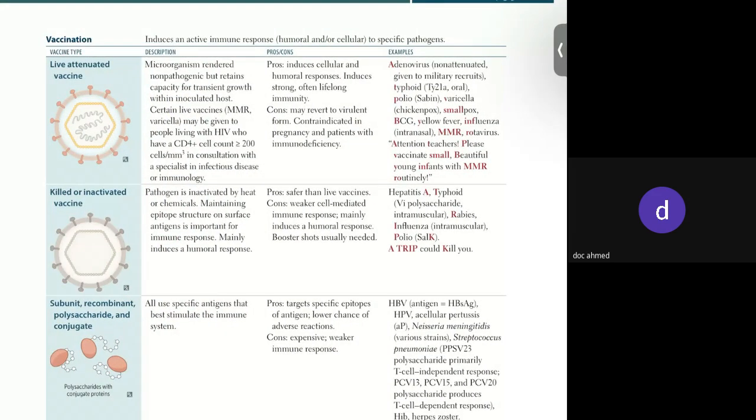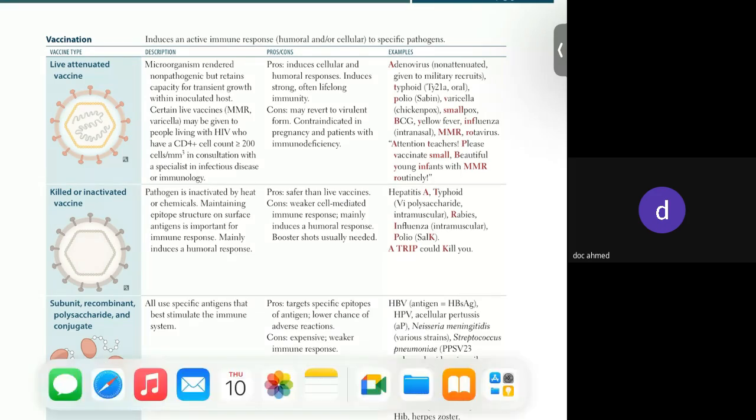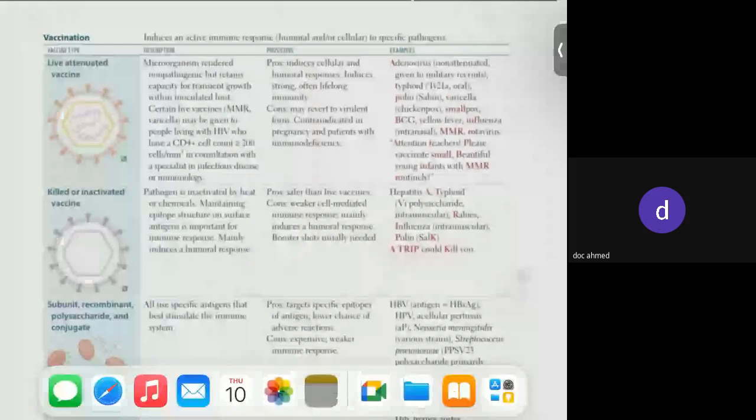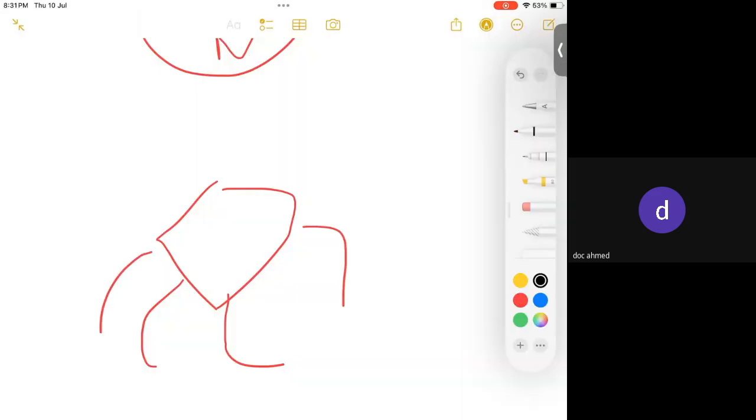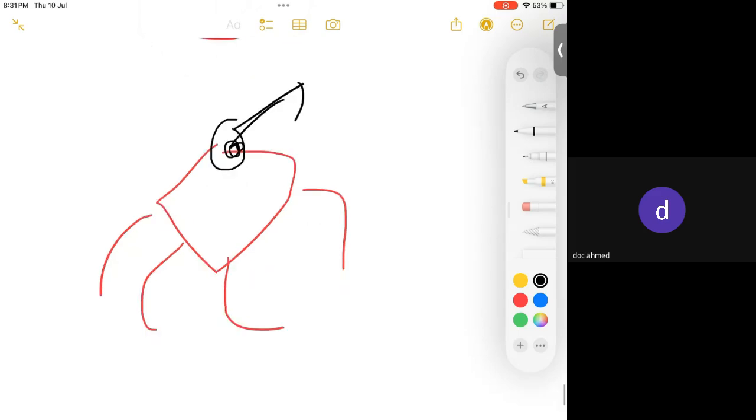How do I train? For example, if I want to train myself or anyone against a virus, I would take that virus. If this is the virus, and this is a specific component of the virus which is really toxic, I would remove that component, because I do not want a real war.